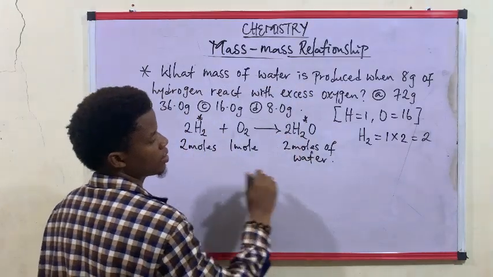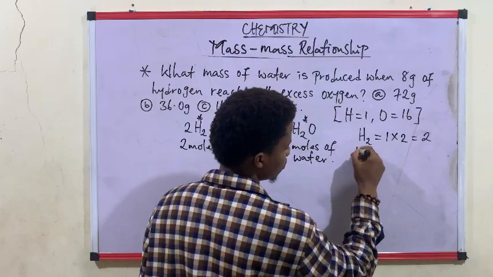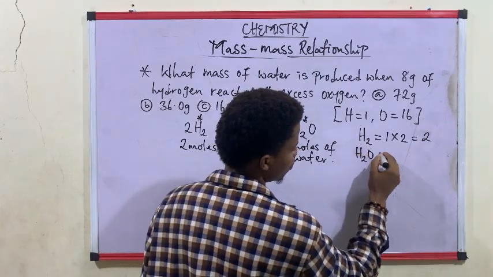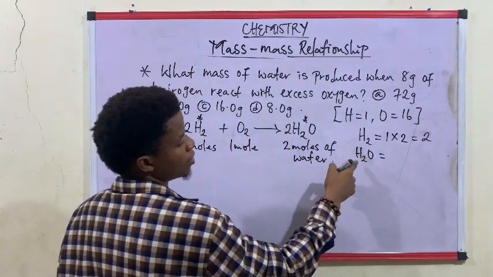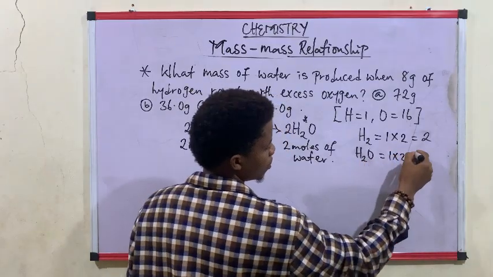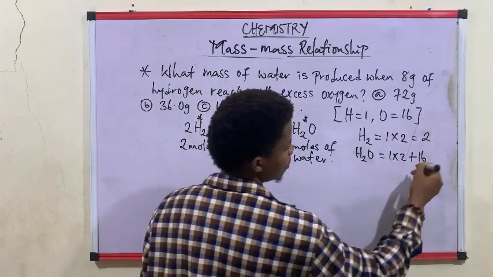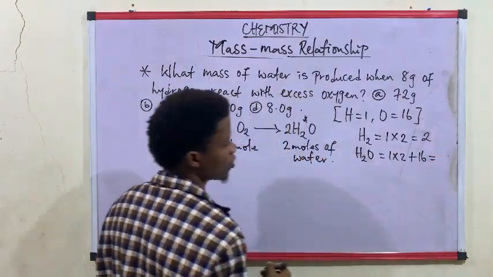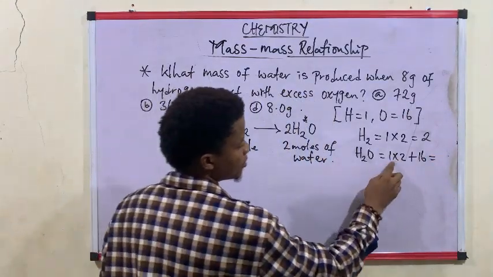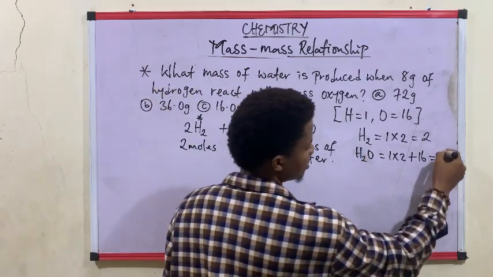Then water is H2O. That is 1 times 2 plus 16, which is therefore equal to 2 plus 16. That will give us 18.